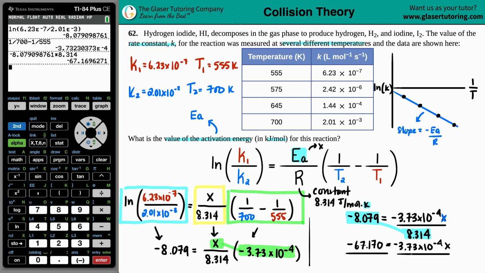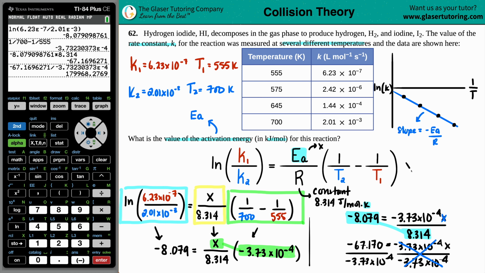There we go. So divide by the negative 3.73 times 10 to the negative 4th. This will cancel. And I'm going to not round again, so I'm going to take that full number and divide it by the negative 3.73. Press enter, and there we go.